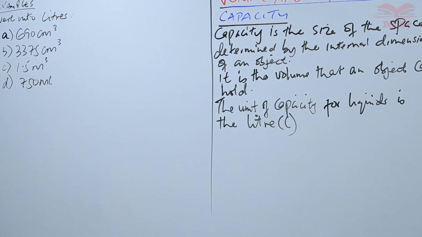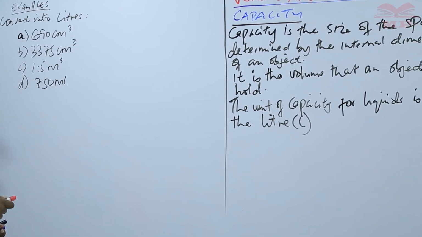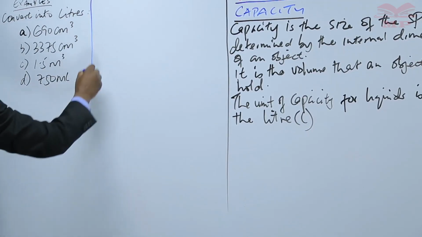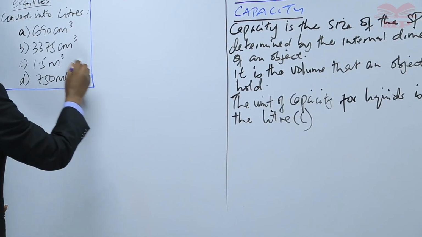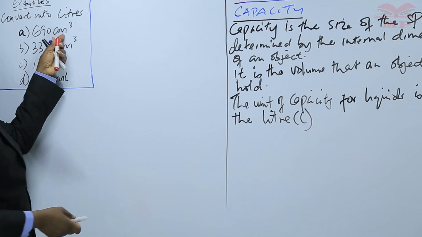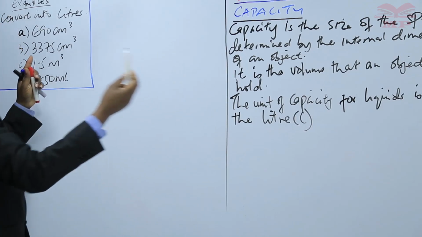Example: convert into liters. We are converting 690 cubic centimeters into liters.